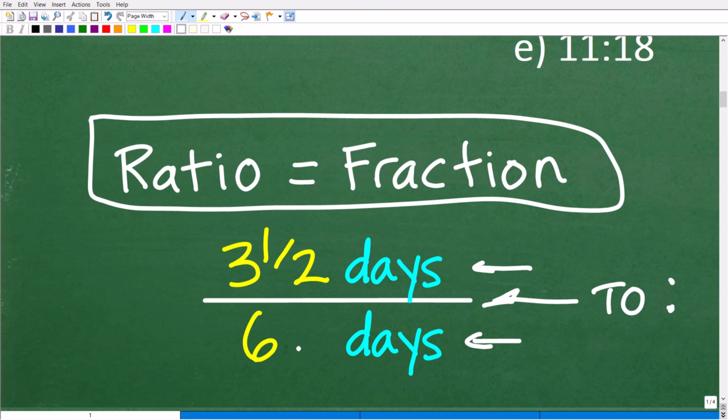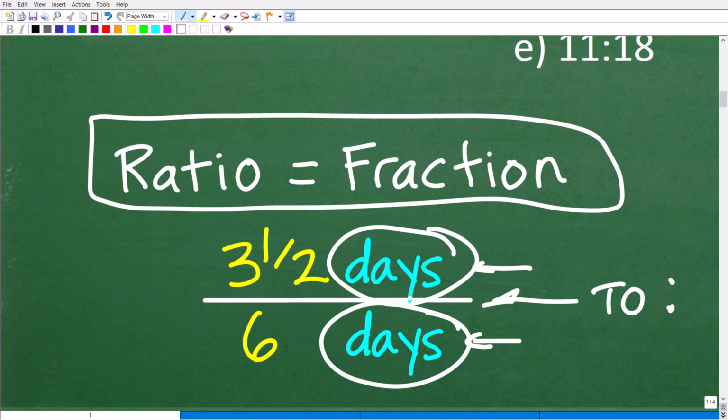So 3.5 days to 6 days. The units of measure for the numerator and denominator are the same, so that indicates that this is a ratio. Again, it is a comparison of two values, i.e. a fraction where the numerator and denominator units of measure are the same. If the units of measure were different, then you're talking about a rate. So that is what a ratio is.